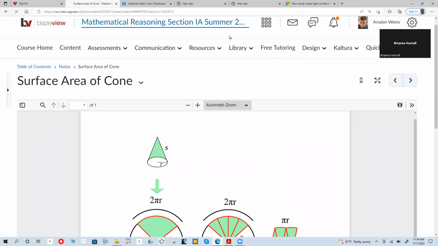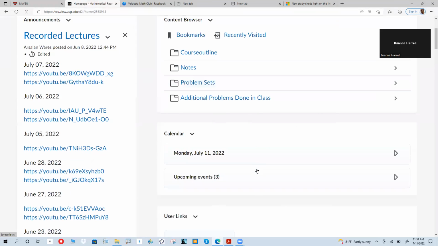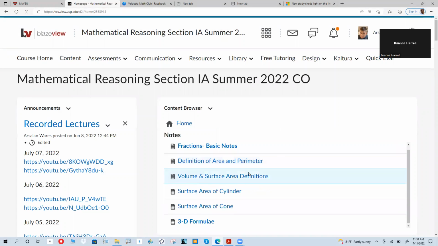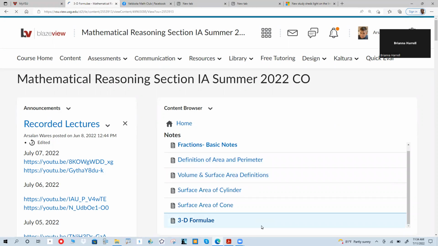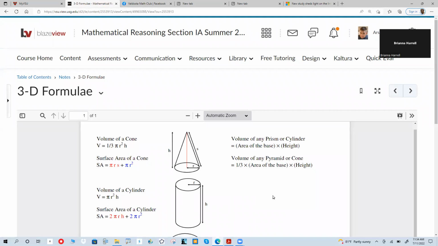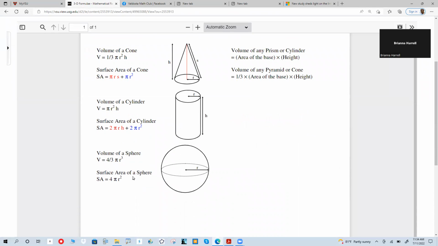Another little announcement: when you take your exam 3 and the final, it's a good idea to have this 3D formula sheet in front of you. If you had me for 3190, you have seen it, but even if you didn't, there's nothing going on. Volume and surface area of a cone, of a cylinder, and of a sphere. You need to know them now.